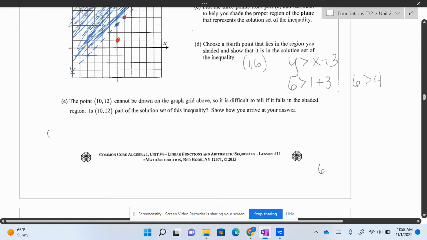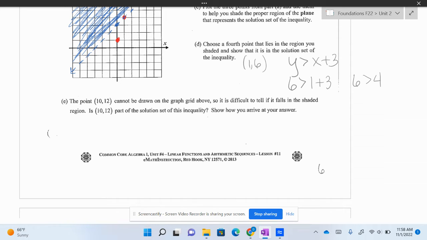The point 10, 12 cannot be drawn on the grid above, so it's difficult to tell if it falls in the shaded region. Is 10, 12 part of this solution? Tell me how you would determine that. So we can't graph the point 10, 12 to see if it's in the shaded region. What do you want to do with it, Gavin? Yeah, plug it into y is greater than x plus 3.